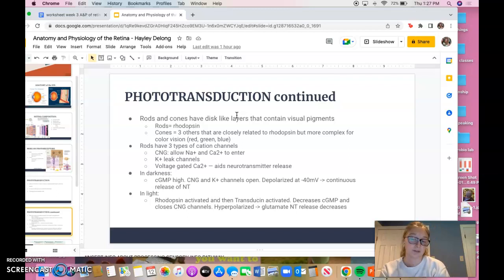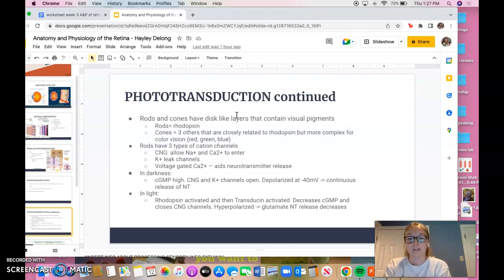Rods also have potassium leak channels and a voltage-gated calcium channel, which helps with neurotransmitter release. We remember from learning about action potentials that the sodium and calcium really fuel the action potential, and basically the potential for electrical activity. So the calcium is going to do that neurotransmitter release, which I'll talk about soon.